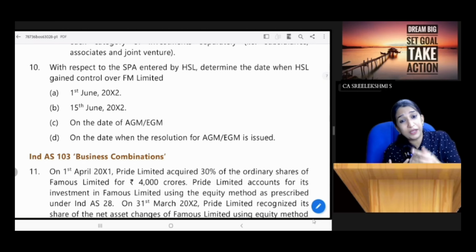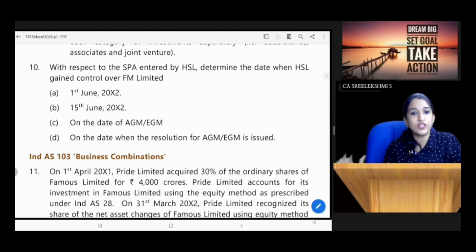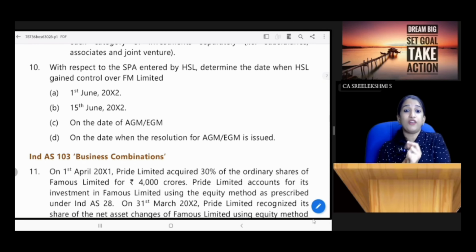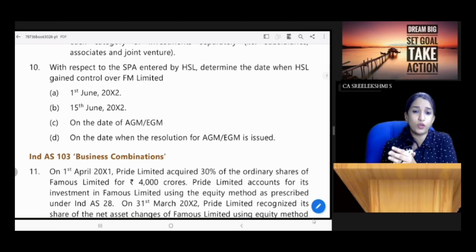So, assuming it is deeply in the money and it will be exercised, then on 1st June itself you got that additional 25% right. So it's 30 plus 25 as per Ind AS 110. If you have already entered into a contractual arrangement to buy potential shares, that counts for control. So from 1st June itself.